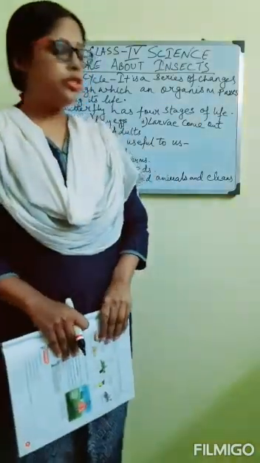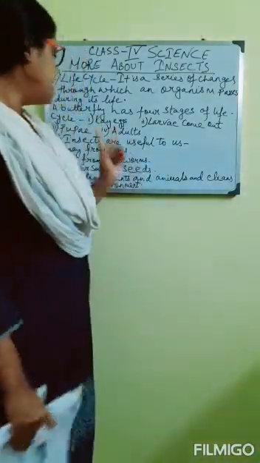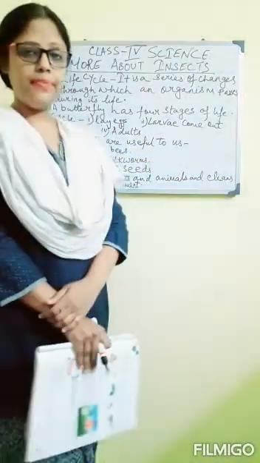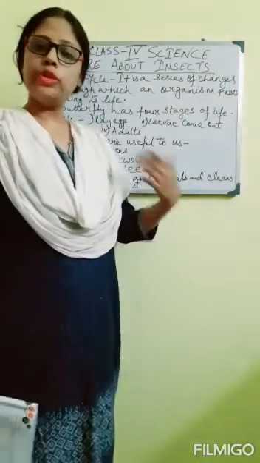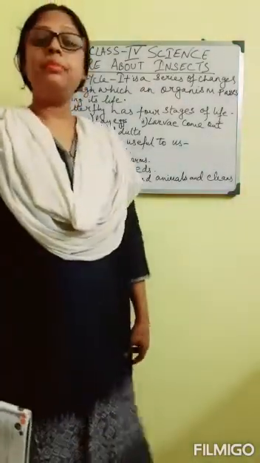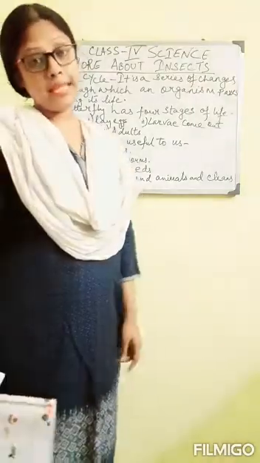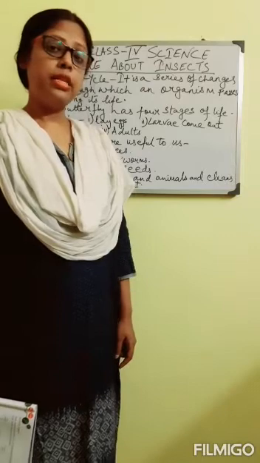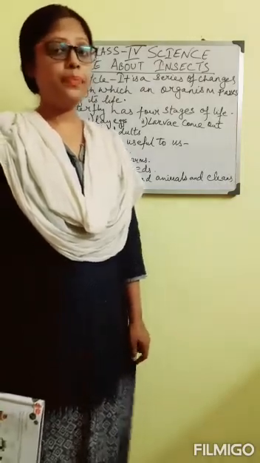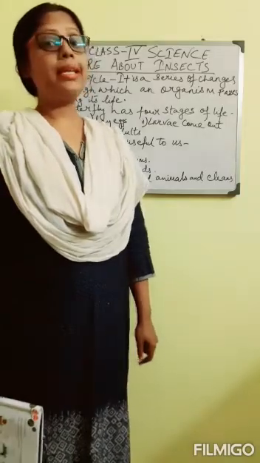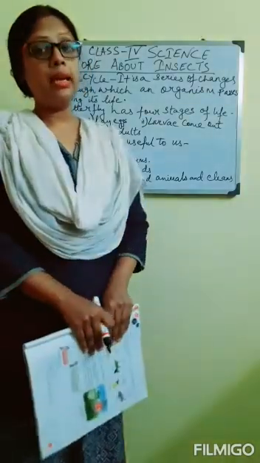Our next topic is the usefulness of insects in our lives. How are insects useful to us? There are many insects like bees. We get honey from bees. You have all tasted honey. Not only honey, we also get other products like crayons.